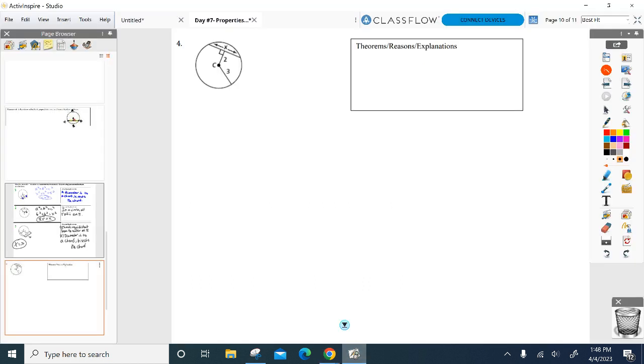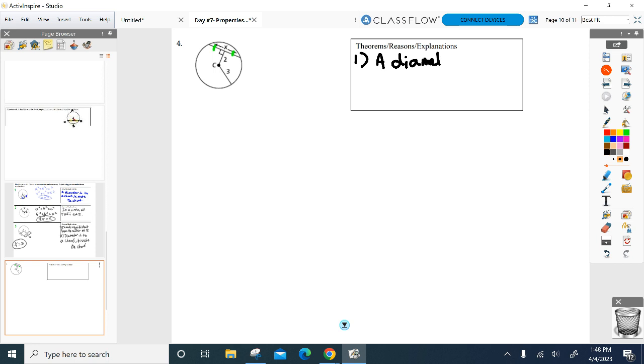The line with the 2 bisects the chord. Yeah, that chord X is getting bisected. All right, we at least know that's true, so that's at least one theorem we can write.